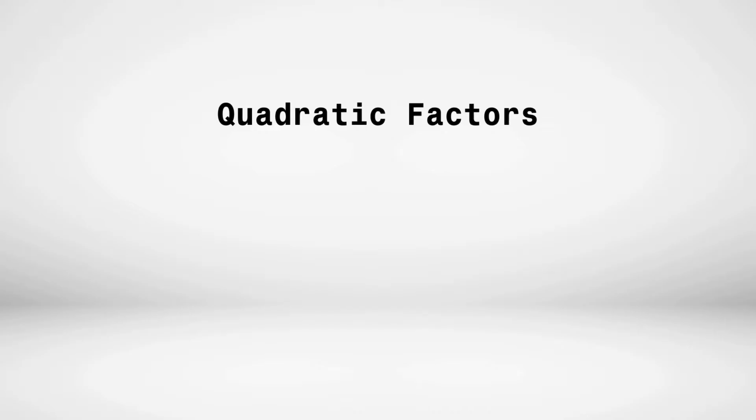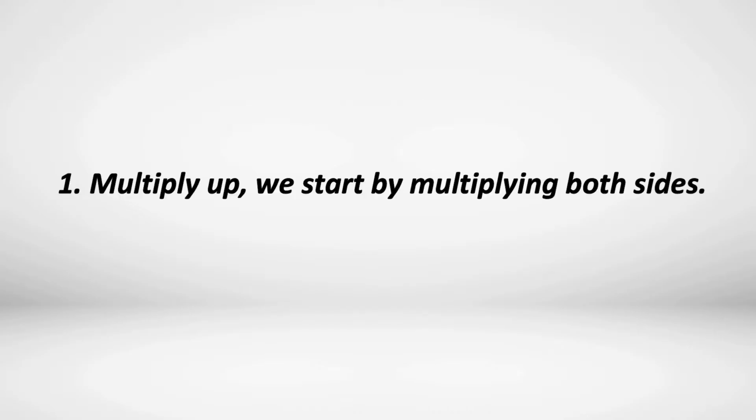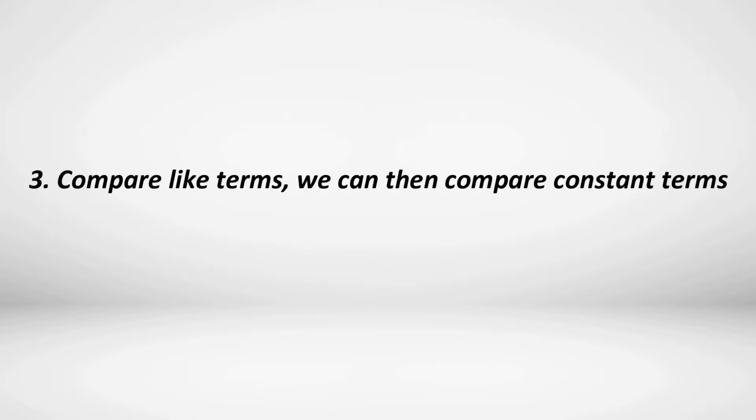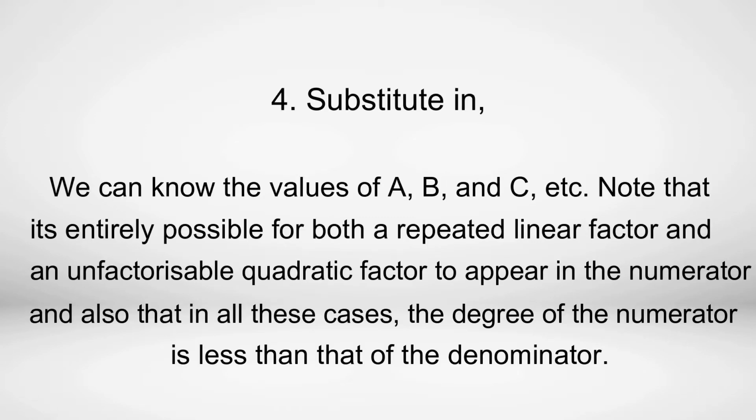Quadratic factors. 1. Multiply up. We start by multiplying both sides. 2. Choose values again. We try to choose values that make most of the terms vanish. 3. Compare like terms. We can then compare constant terms. 4.